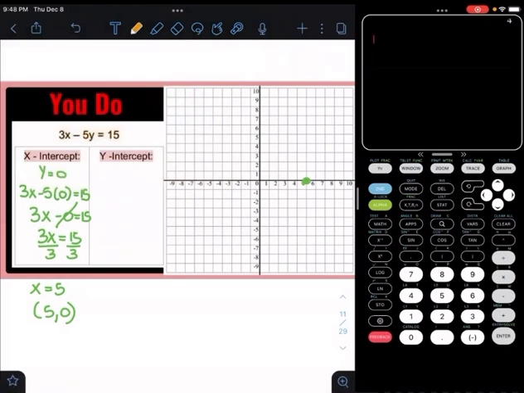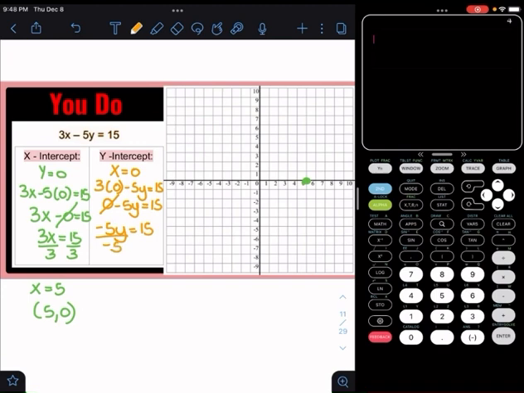Now for the y-intercept, that would mean that x is going to equal 0. So write my equation, 3, 0 instead of x, minus 5y equals 15. 3 times 0 is just 0, minus 5y equals 15. We could just get rid of that 0. So then we'll have negative 5y equals 15.